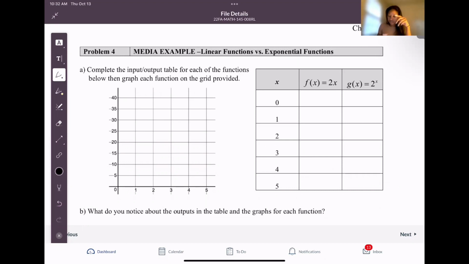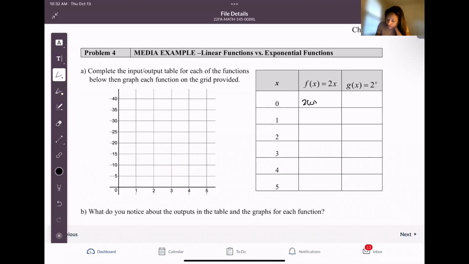So let's fill in this table where we compare 2 times x versus 2 raised to the x power. 2 times 0 is 0. 2 times 1 is 2. 2 times 2 is 4. 2 times 3 is 6. 2 times 4 is 8. 2 times 5 is 10. Okay.